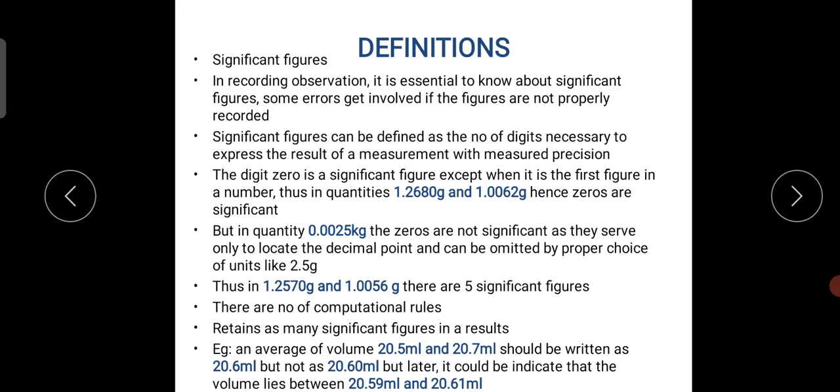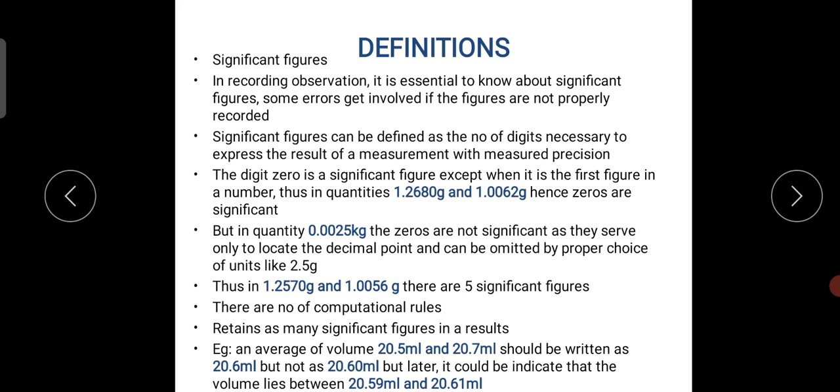So significant figures. Before telling about significant figures, I would like to give you one example. We are taking one cylinder for measurement, and our duty is to measure the length of the cylinder.